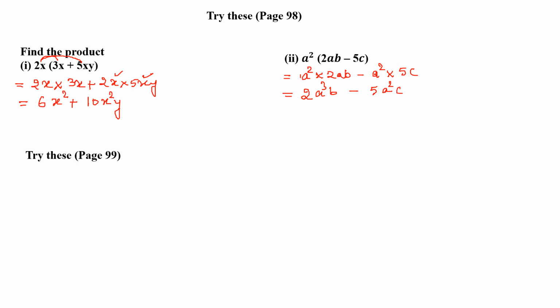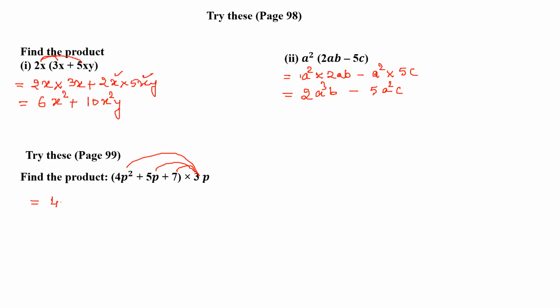Now let's do the question given in Try These page 99. Find the product 4p square plus 5p plus 7 multiplied by 3p. Now here the polynomial is a trinomial, but we have to follow the same thing. We have to multiply 4p square with 3p, then plus 5p with 3p, then again plus and then 7 multiplied by 3p.